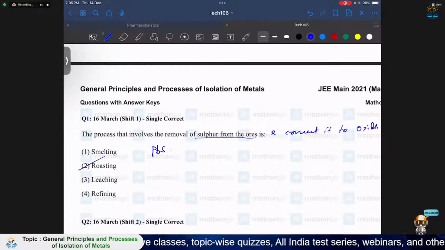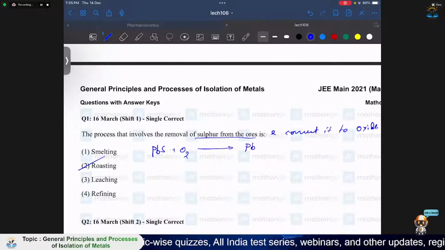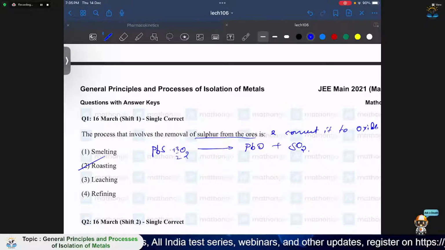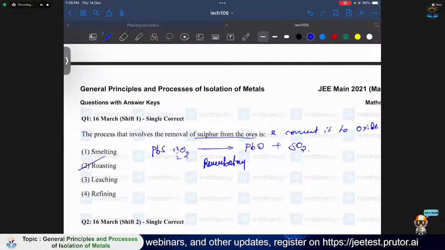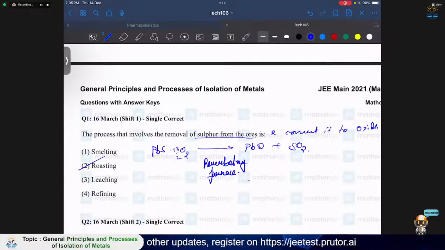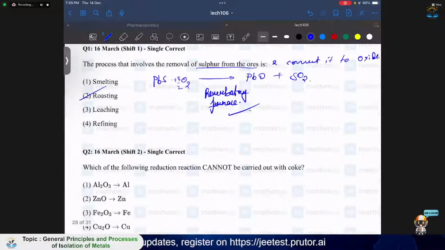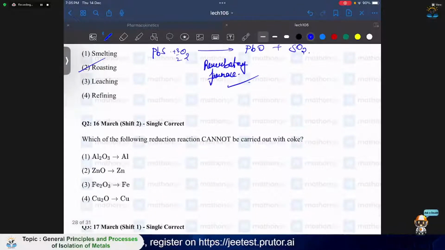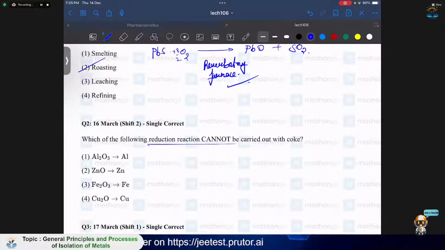So PbS plus oxygen gives PbO plus SO2, right? And it is done in a reverberatory furnace.